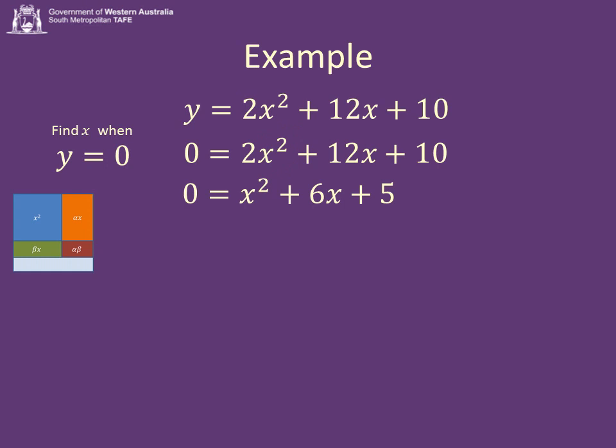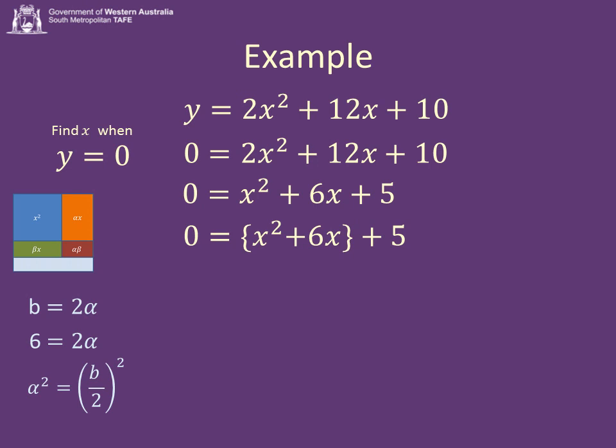Now, next thing, I want to make the contents of the curly bracket into a perfect square. So I need to add something there, whatever is the alpha squared. And if you remember, the b value is 2 alpha, and in this case the b value is 6, so 6 is 2 alpha.